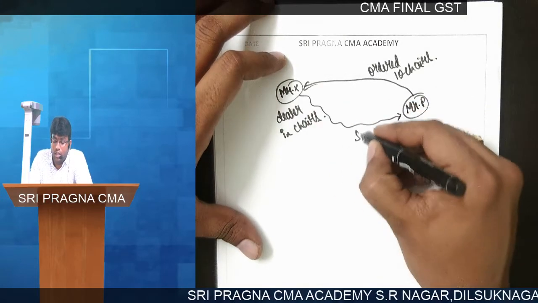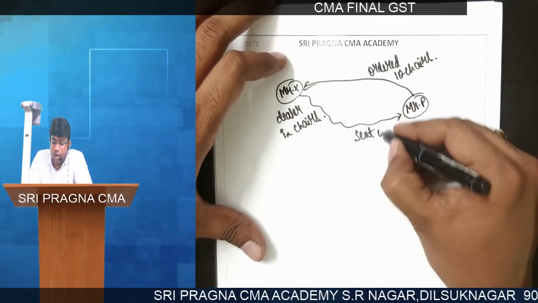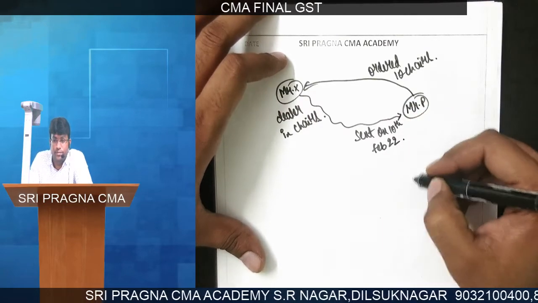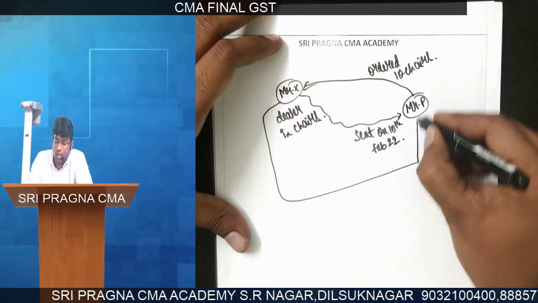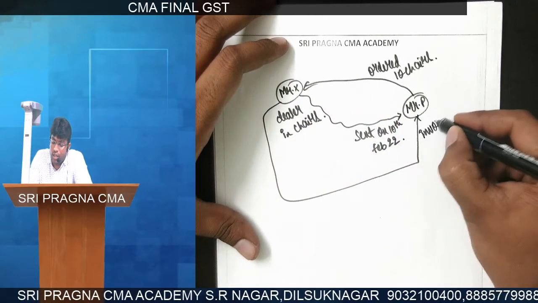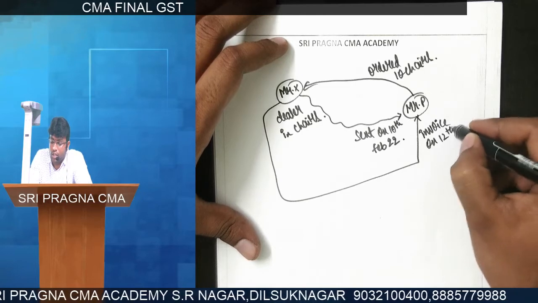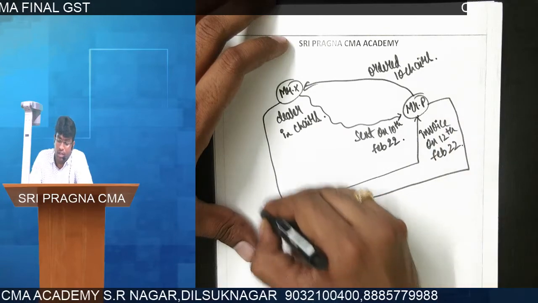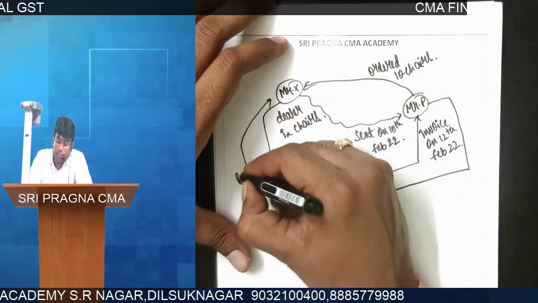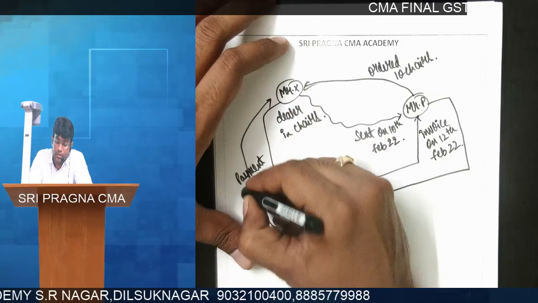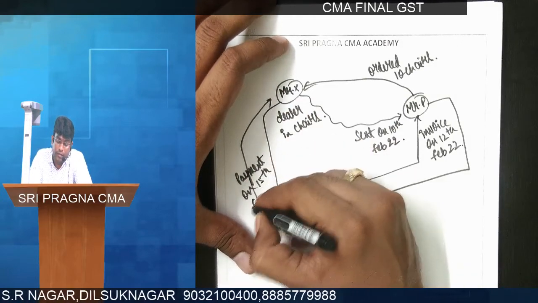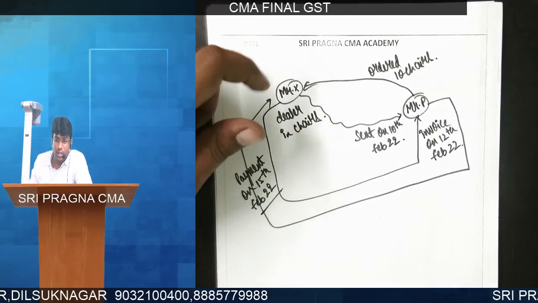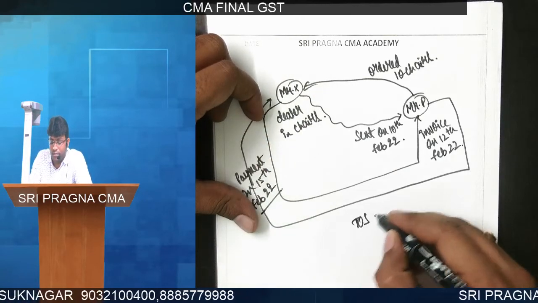He has sent the 10 chairs on 10th February 22. And X gave invoice on 12th February 22. P made payment on 15th February 22. What is time of supply?